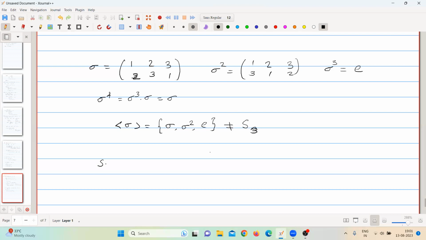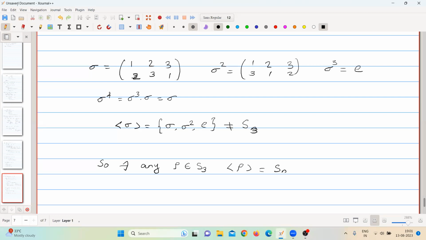So there does not exist any rho in S3 such that the subgroup generated by rho equals S3.